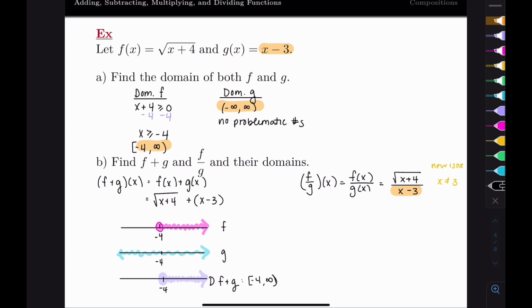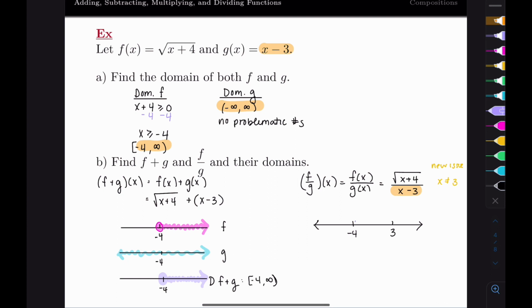Okay. So when I go to create the domain for this, I can use exactly what I've done before. I'm going to use this domain because it's the numbers that work for both of them. But in addition to -4 being important, +3 is important.